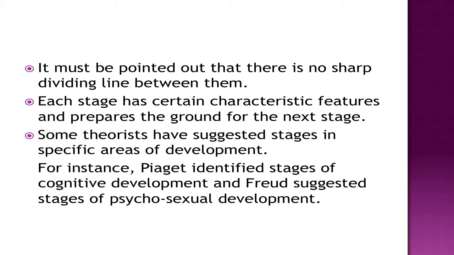Each stage has certain characteristics and features, and prepares the ground for the next stage. Some theorists have suggested stages in specific areas of development. For instance, Piaget identified stages of cognitive development and Freud suggested stages of psychosexual development. Most psychologists identify these stages of development.